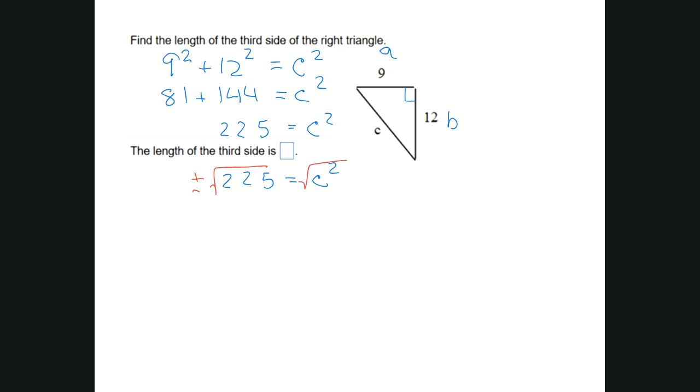Put this in your calculator, the square root of 225, and you should get a nice number of 15. Although we have two answers, negative 15 and 15, this is the length of a side of a triangle, so we are not going to use the negative. We're going to say that side C is 15.